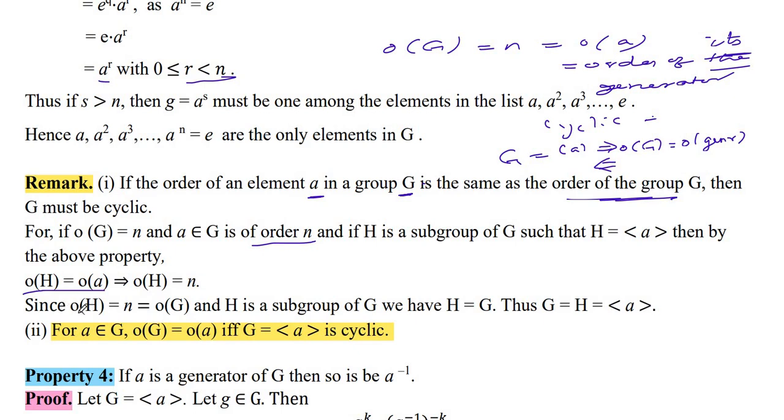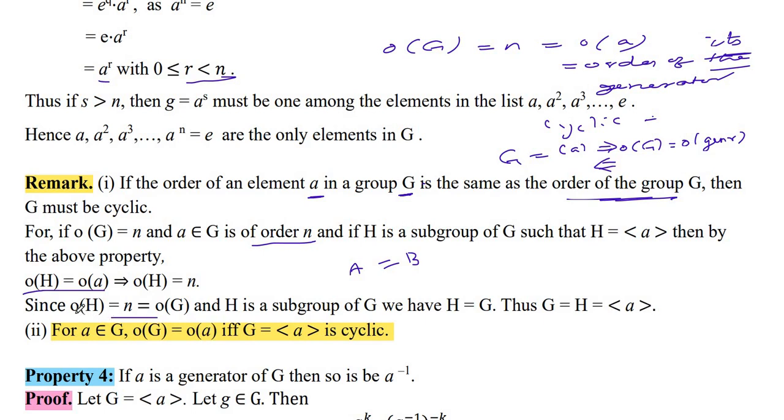So since order of H and order of G are the same, both of them are of the same order, and H is contained in G. H is a subgroup of G, so H is contained in G. Then we must have H equal to G. By the equality of sets, this is already discussed in one of the videos, that to show that two sets A equals B, generally A must be contained in B, and B must be contained in A. But if they happen to be finite sets, you have one of them contained in the other one, and both of them are of the same order.